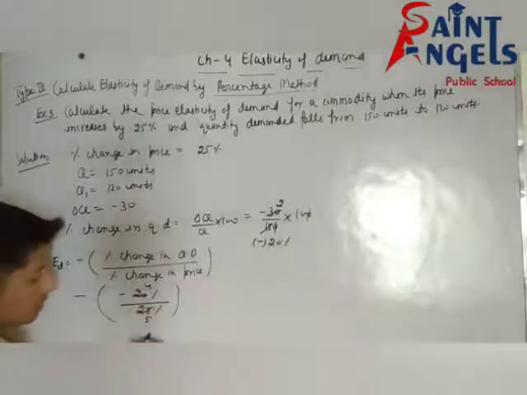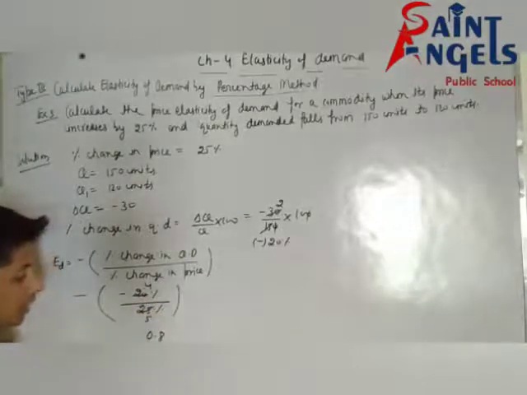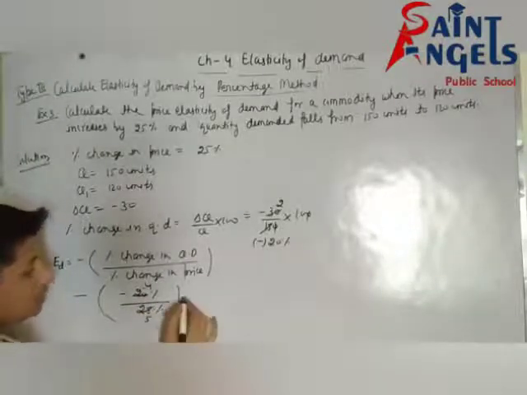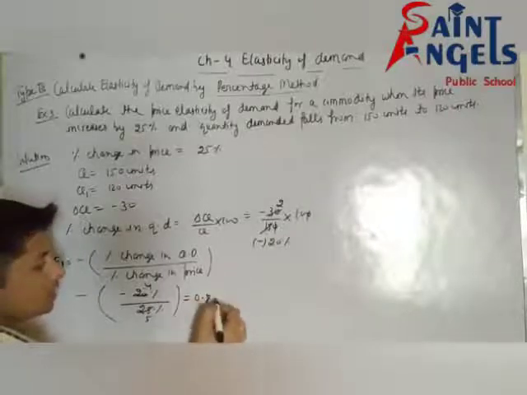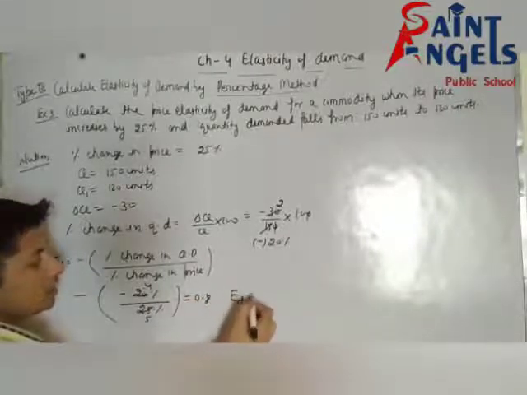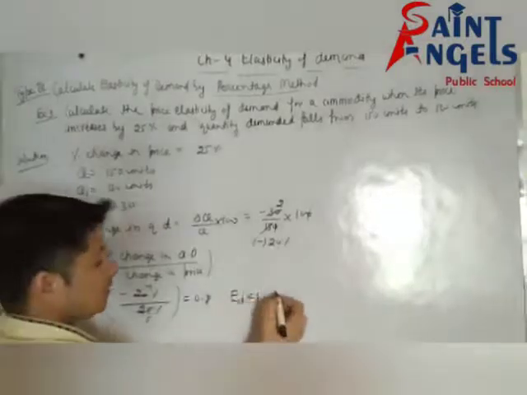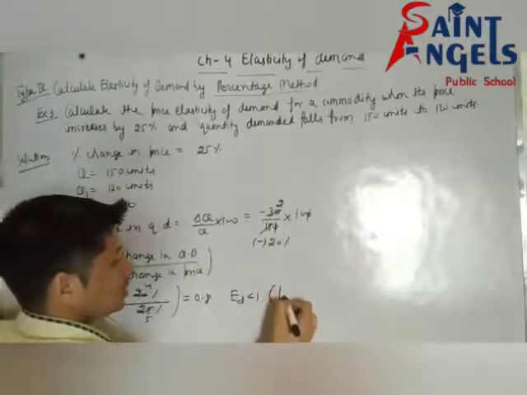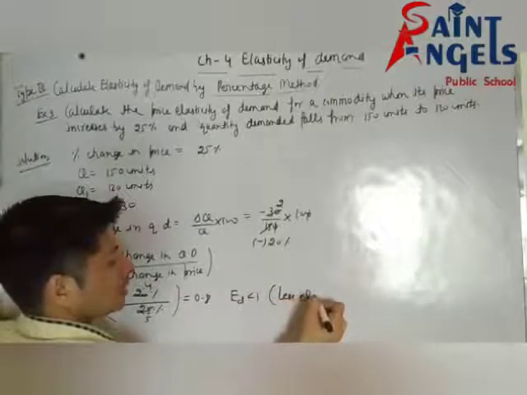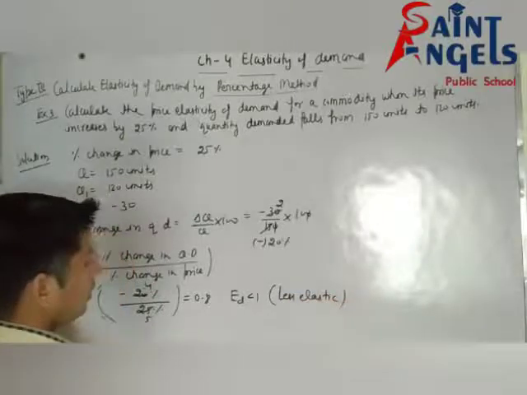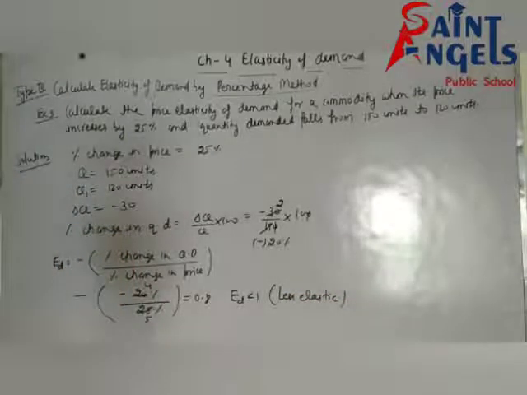This will be equal to 0.8. 0.8 is less than 1. So ED will be less than 1, means less elastic. So I hope all of you have understood how you will solve this. Please pause the video and note down this.